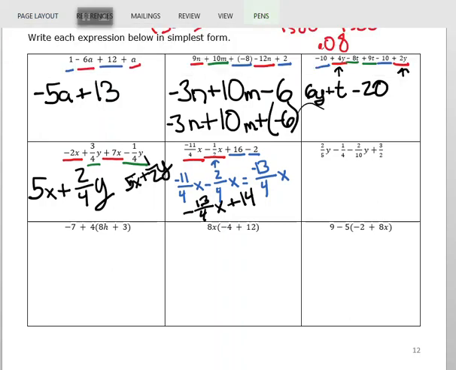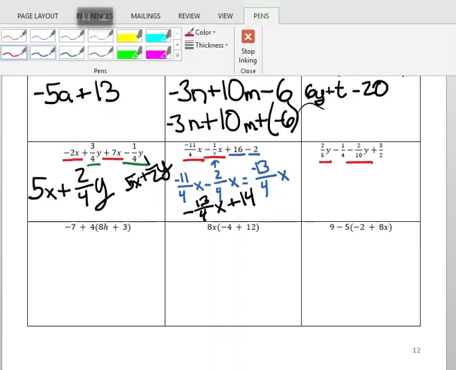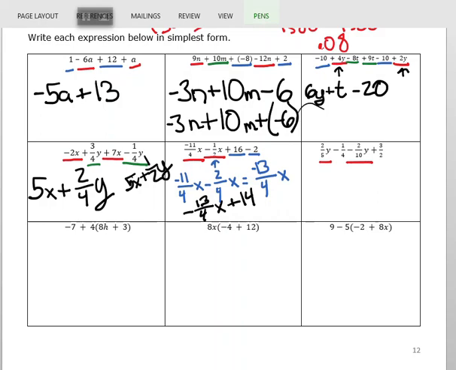Okie dokie. I have 2/5 y and then negative 2/10 y. And I have negative 1/4 and positive 3/2. So let's talk about combining my 2/5 y and my negative 2/10 y. I kind of want to do the same thing I did over here.